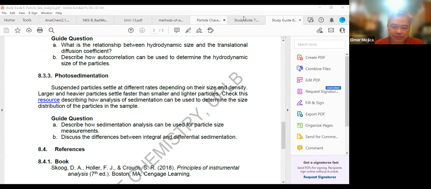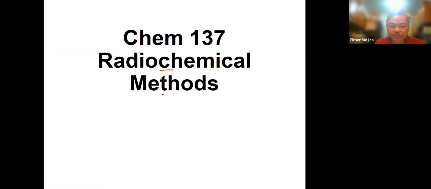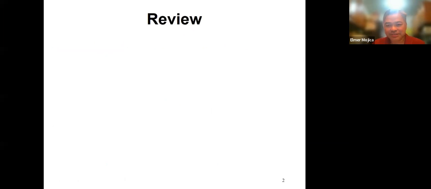So this is what we call the radiochemical methods. And I think the review that I have here is what we call nuclear chemistry. Nuclear chemistry usually involves the nucleus of the atom, because most of the chemical reactions that you have discussed in your general chemistry involve the electron.